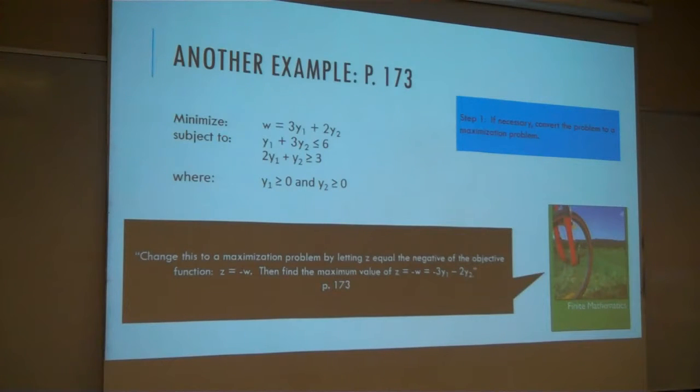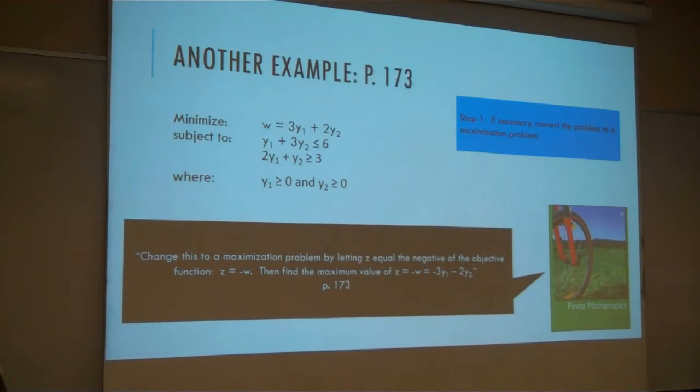We went through all that stuff about dual problems to change this into a maximization problem. Well, now, for these non-standard problems, we just say z is equal to negative w. I just flip this.